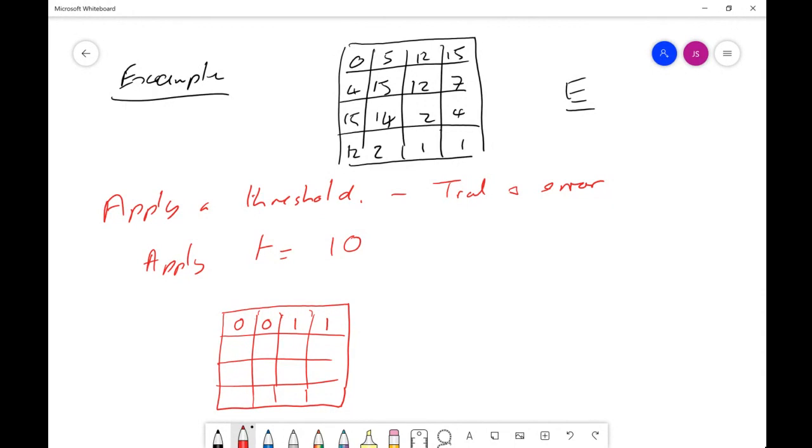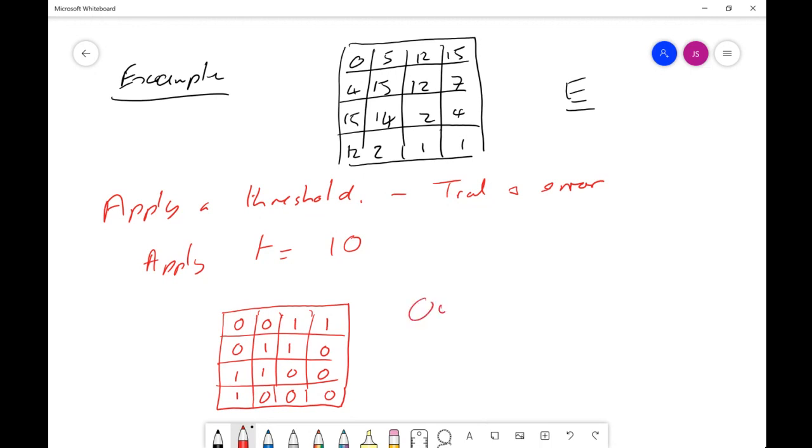If it's above the threshold, it's 1. If it's below, it's 0. Second row, 0, 1, 1, 0, 1, 1, 0, 0, and 1, 0, 0, 0. So looking at that, we've got some 1s in the middle and some 0s on the background.